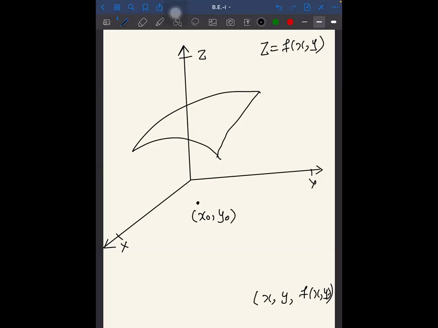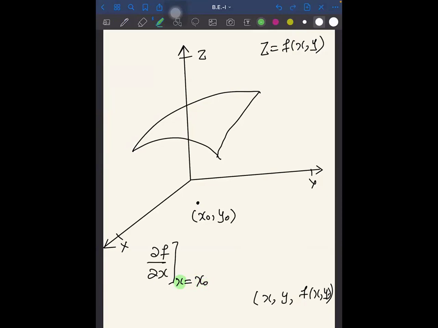And what is the partial derivative of f with respect to x at this point? Can you tell me? Geometrically, if we want to determine the partial derivative of f with respect to x at x naught, that means we are fixing the y, right?